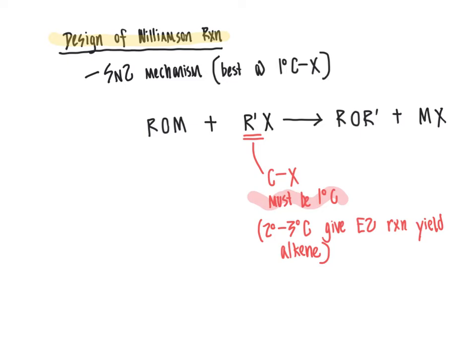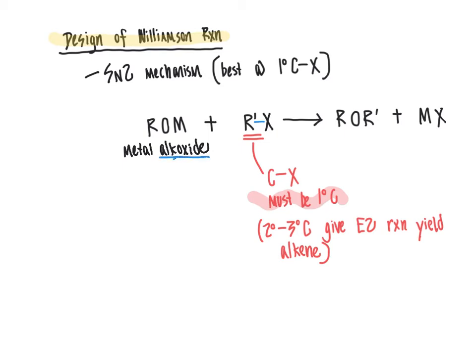Now, in this reaction, I will draw in my bond between R and X in blue there, and then our metal alkoxide here. The structure of this alkoxide group is flexible.